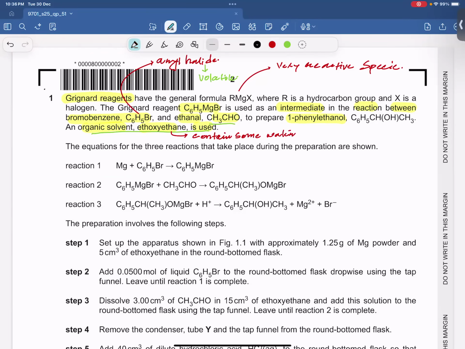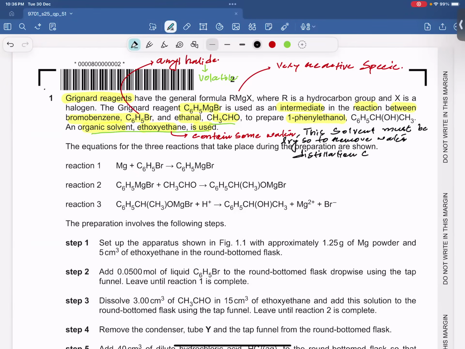So to remove water from ethoxyethane, this solvent must be dry. To remove water, the distillation technique can be used. Distillation, or you can say fractional distillation, it doesn't make any difference.